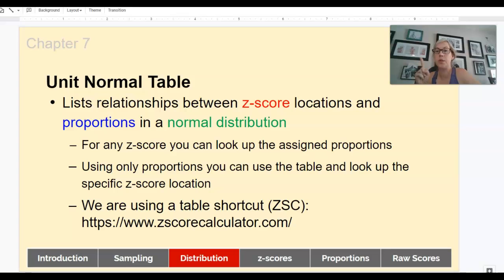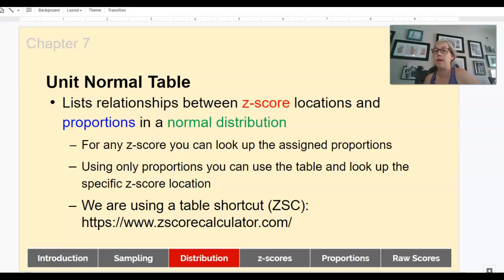One is based on when you have one score with sample data. Another, very similar, is one individual score with population data. And this population data is more typically used with our z-score distribution. And then our third one is chapter 8, where you have a distribution of sample means.